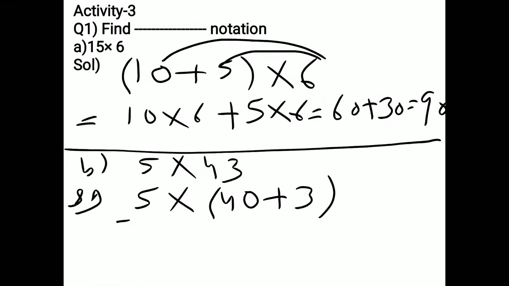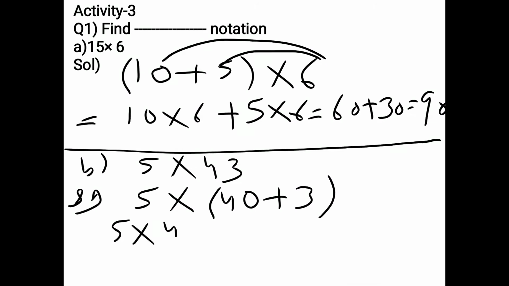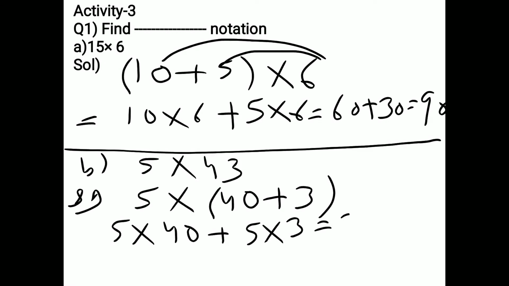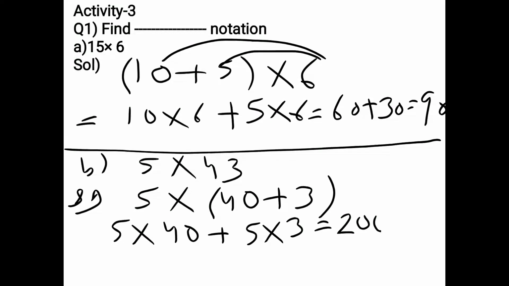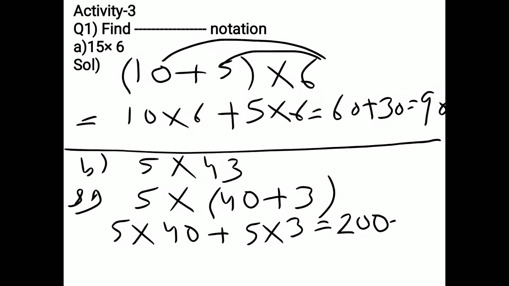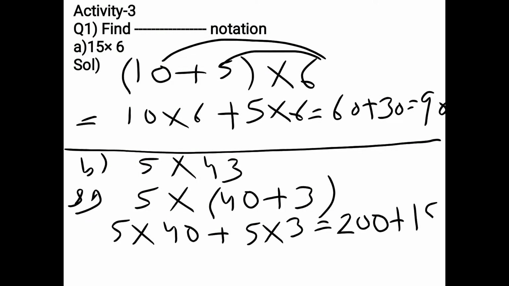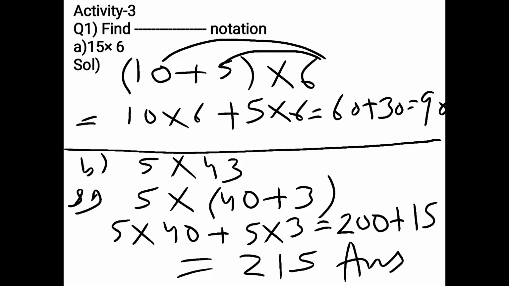I multiply 5 with 40 also, and I multiply 5 with 3 also. 5 40s are, means 5 4s are 20 and there is 1 zero, so you put 1 zero there. 5 3s are 15. So answer will be what? 200 plus 15, answer will be 215. Clear? Similarly, we do the next question. All the questions we do in this manner only.